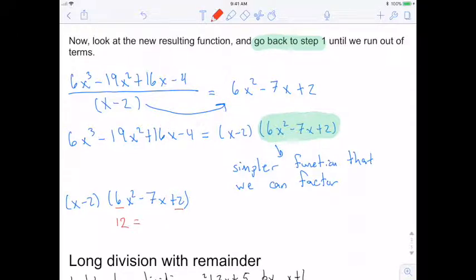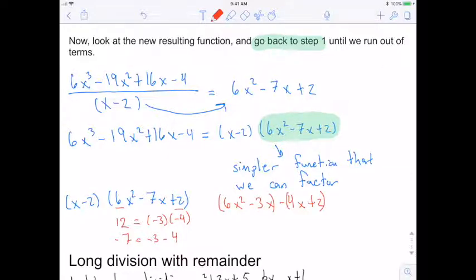Well, these two numbers are going to be negative 3 and negative 4. Negative 3 times negative 4 is positive 12, and negative 3 plus negative 4 is negative 7. So then we change this to be 6x squared minus 3x minus 4x plus 2. Then we group them up and simplify.